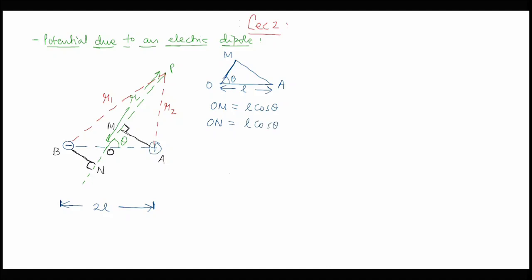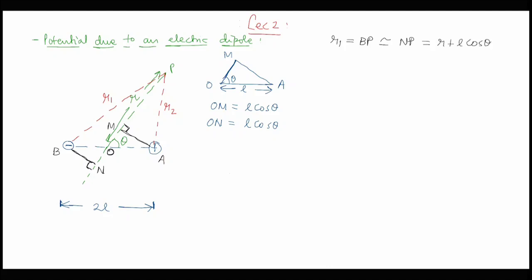Now the another point which we can mention over here is that the distance R1, which is equal to BP, can approximately be written as equal to the distance NP, and this NP is equal to R plus L cos theta.